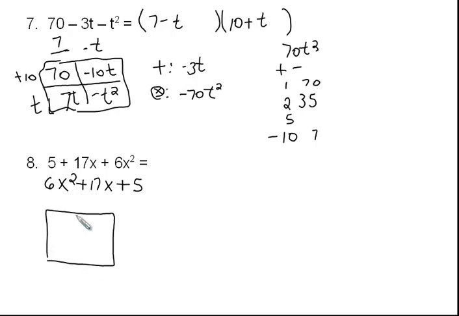So let's draw our box, put our 6x squared in it, and our 5, and then figure out what needs to go in these diagonal boxes, what factors. Our 5 is positive, our 6x squared is positive, so our factors are both going to be positive. We need them to add to be 17x, and we need them to multiply to be 6x squared times 5, or 30x squared.